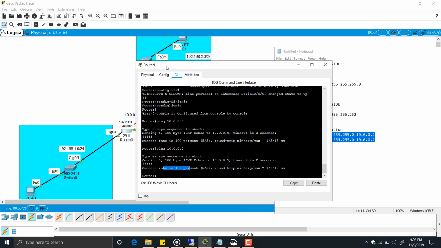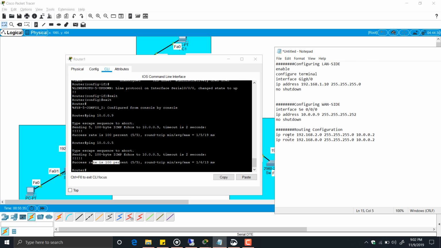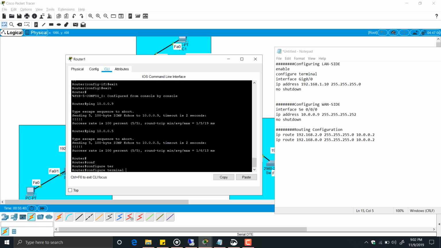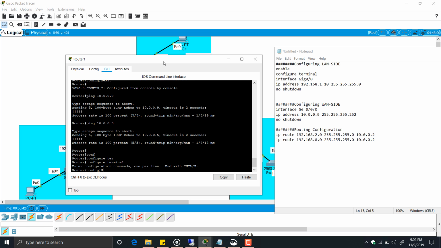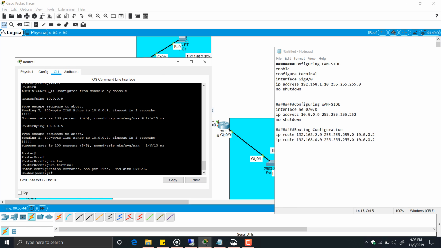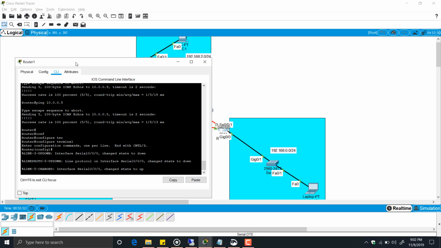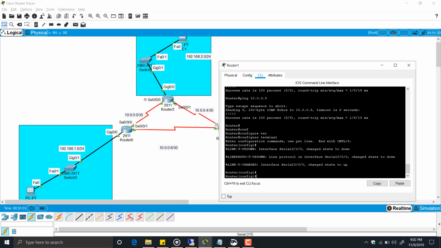Okay, so to configure this we have to be in configure terminal mode. So let's enter in that mode. Wait, so in which router am I? Okay, I'm in this router. Okay. So we have 2 destination networks.